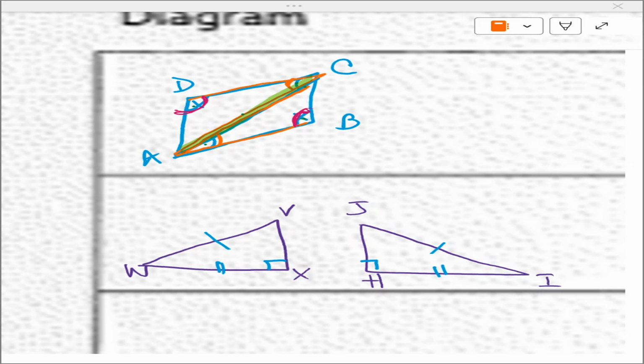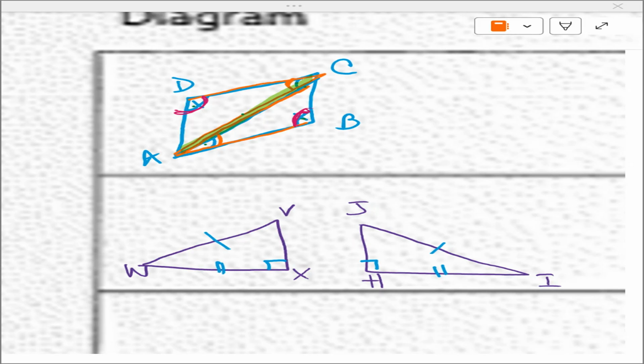So segment VW is congruent to segment JI, given. We have to say that segment WX is congruent to segment IH, also given.